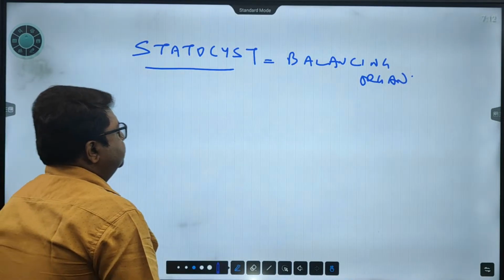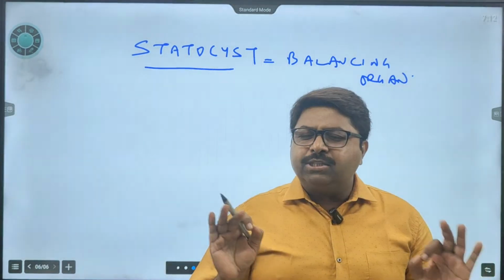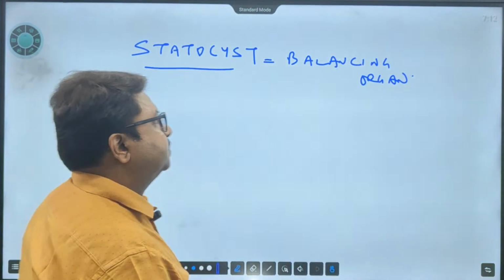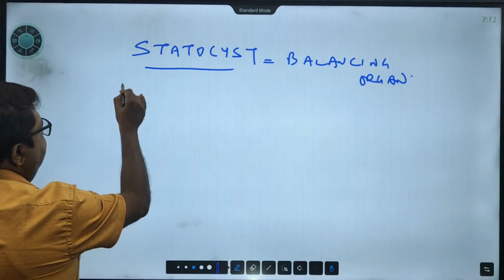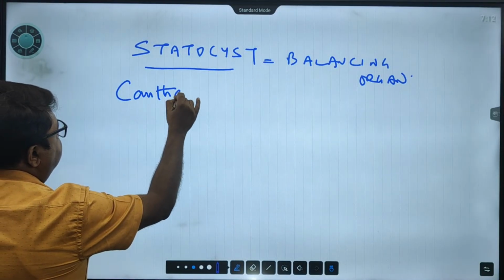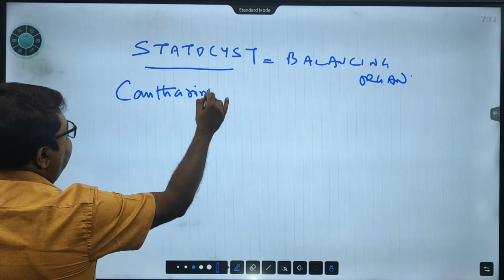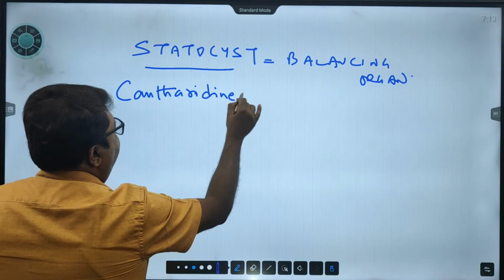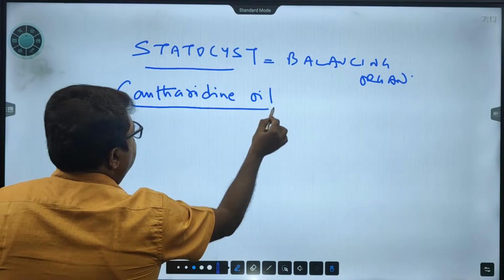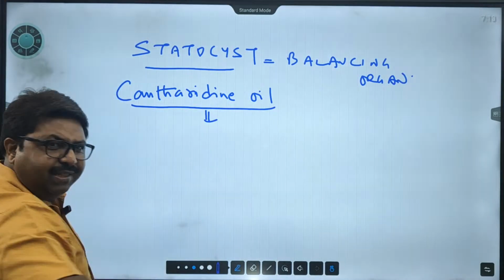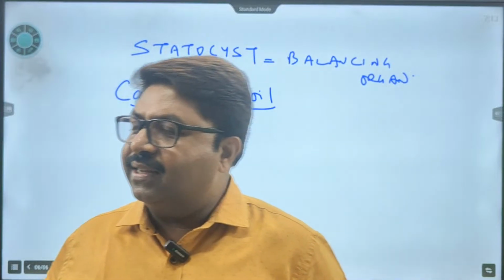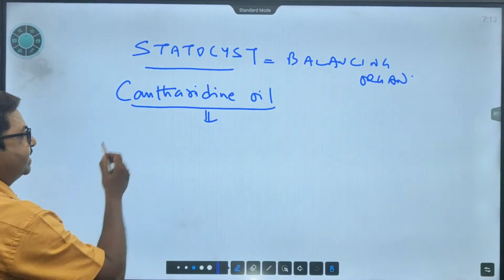Okay? Now, let us talk about some of the useful insects. I think all of you have heard about this oil, cantharidin oil. Where do we get cantharidin oil from?